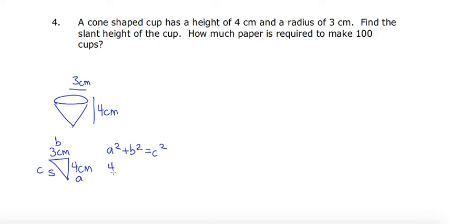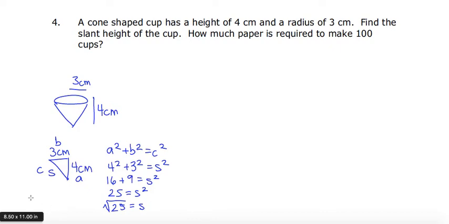So I'm going to have 4 squared plus 3 squared is equal to s squared, or 16 plus 9 is equal to s squared. 16 plus 9 is 25 equals s squared. The square root of 25 is equal to s, so s has a value of 5 centimeters.